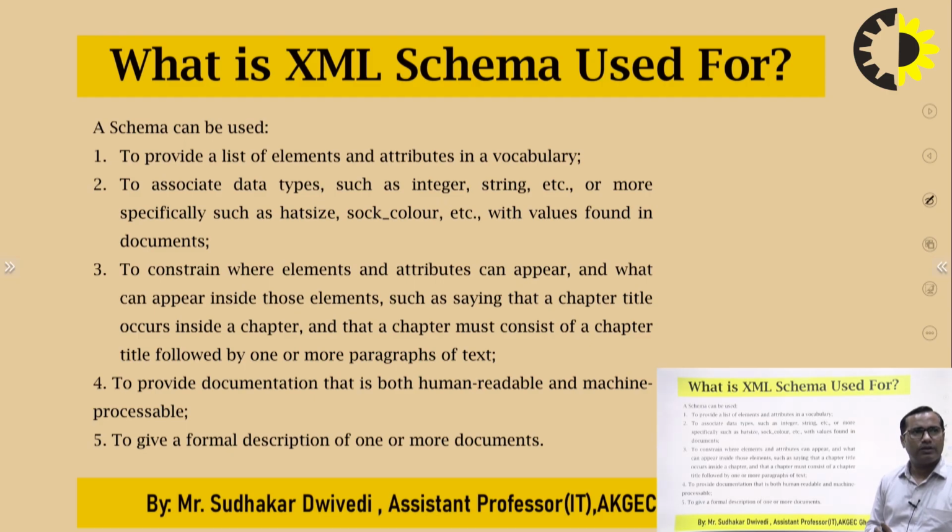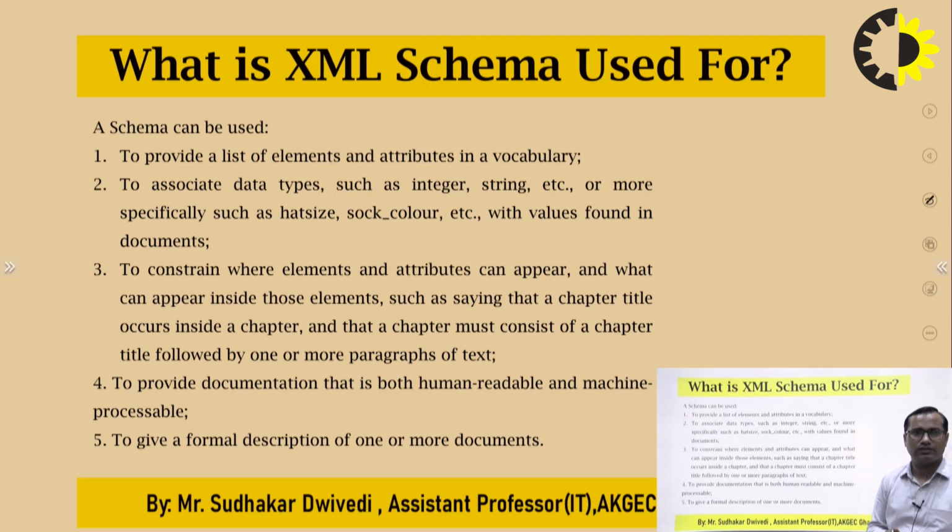XML schema can be used to provide a list of elements and attributes in the vocabulary. We can also associate data types, like integer, string, etc., with the values found in the documents. It can constrain where the elements and attributes can appear. That means we can fix the sequence of the XML elements and what can appear inside those elements.